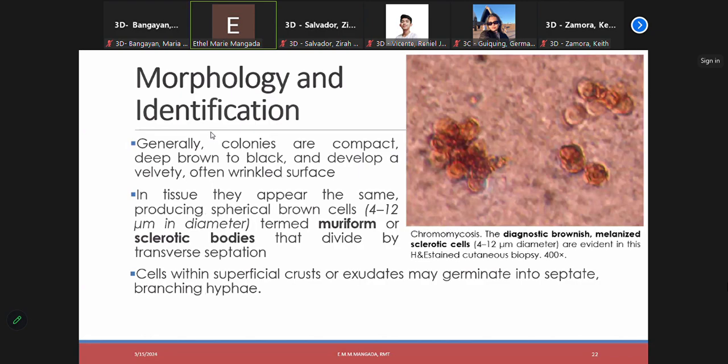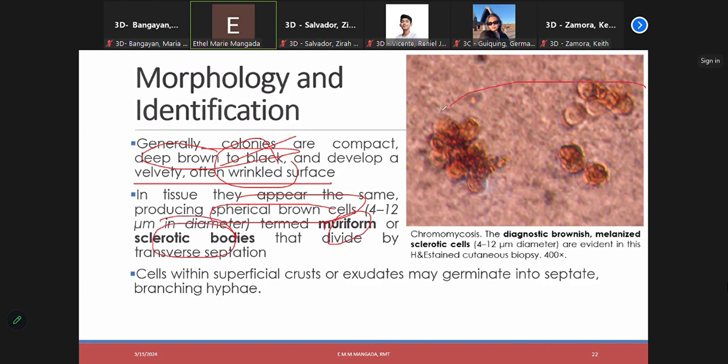So morphology, generally, colonies are compact, deep brown to black. Bakit deep brown to black? Kasi nga, they are dematiaceous. Okay? And develop a velvety, often wrinkled surface. And in your tissue, they appear to produce spherical brown cells we term muriform or sclerotic bodies.